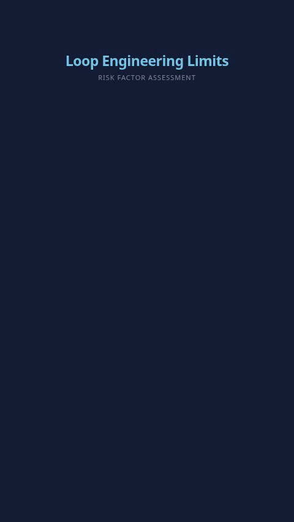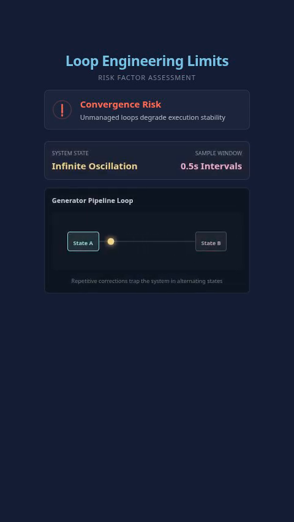In an infinite oscillation, the generator repeatedly alternates between two incorrect states, for example, fixing a syntax error in step A, which introduces a logical error in step B, and then undoing that fix to return to the exact same syntax error in step C. In degenerative decay, the model's edits become progressively worse with each iteration as it loses track of the original system prompt, eventually devolving into hallucinations.